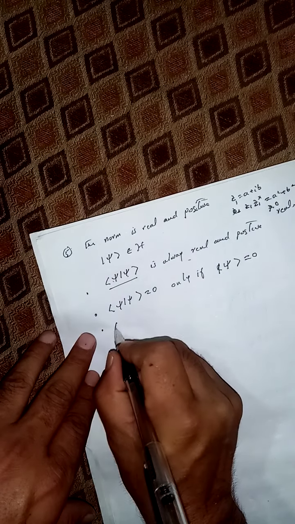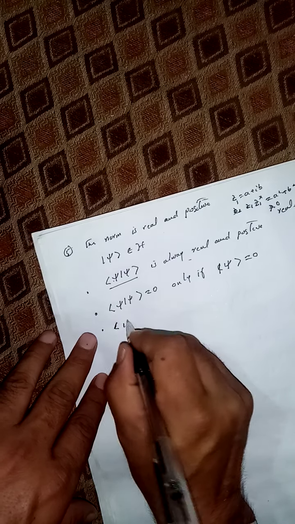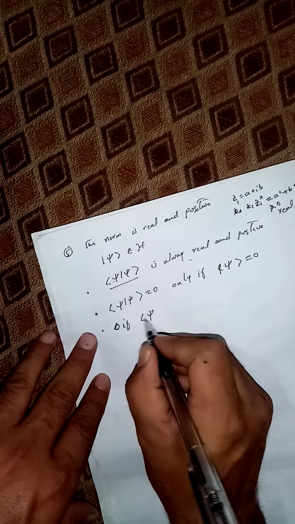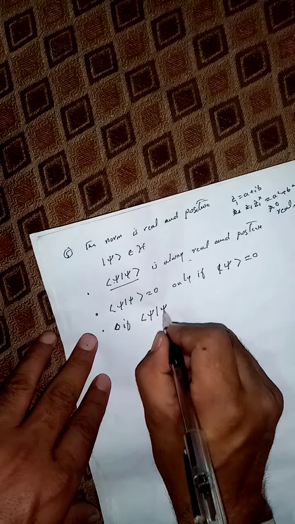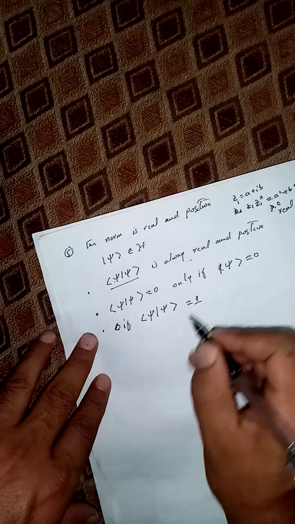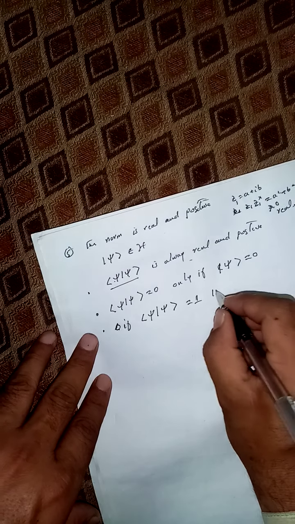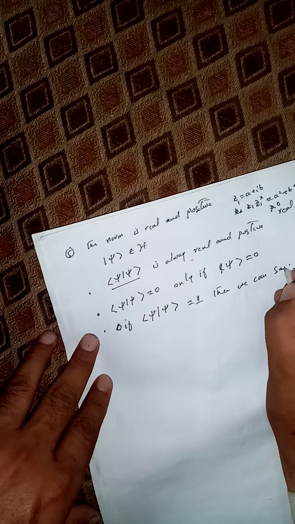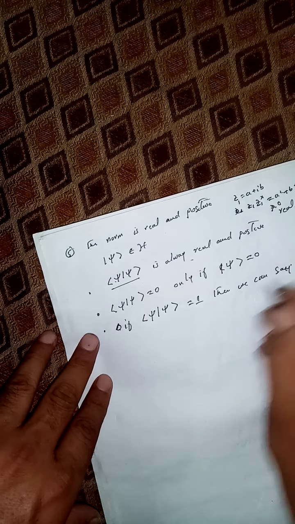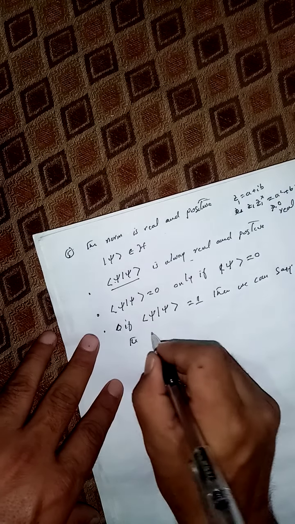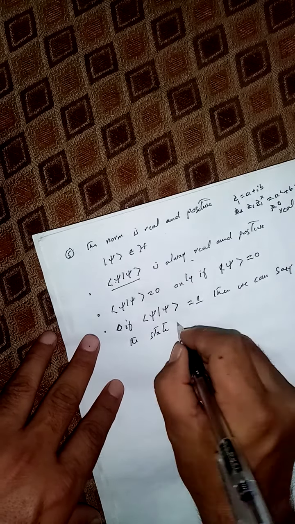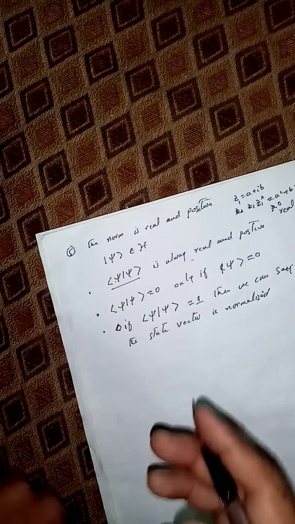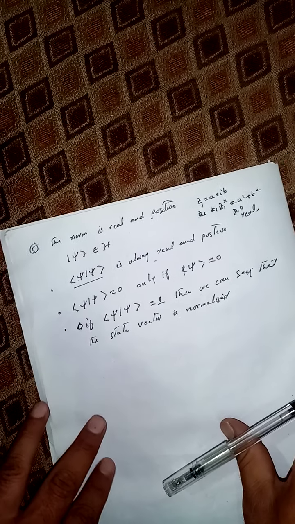And if the scalar product of a state vector psi with itself is equal to 1, then we can say that the state vector is normalized. We already discussed this property in the Hilbert space.